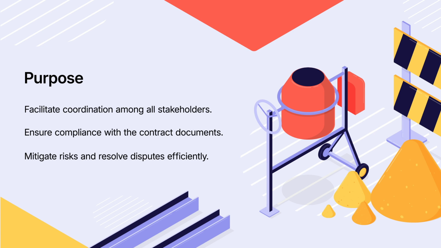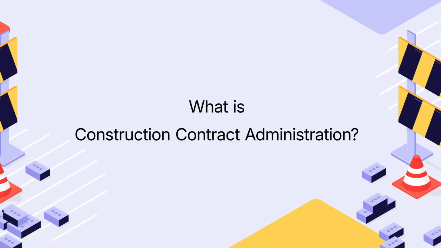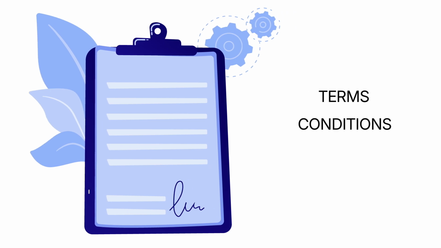It really is just so that people can work with other people regardless of their role in the project. However, they need to know what their role is to stay within their role. We will talk more about that later. Construction contract administration involves managing the terms, conditions, and deliverables of the construction contract.